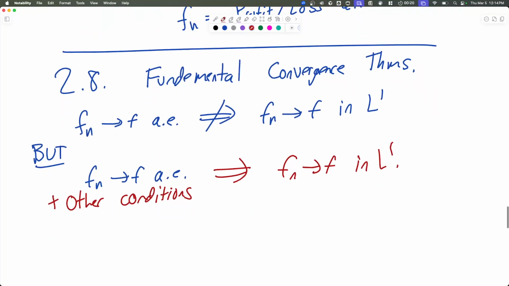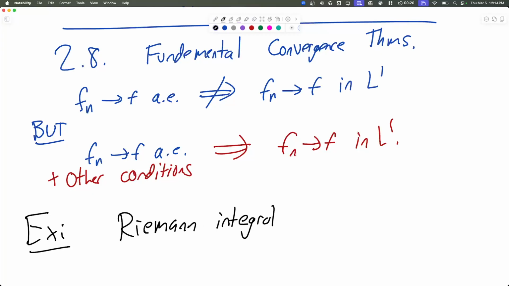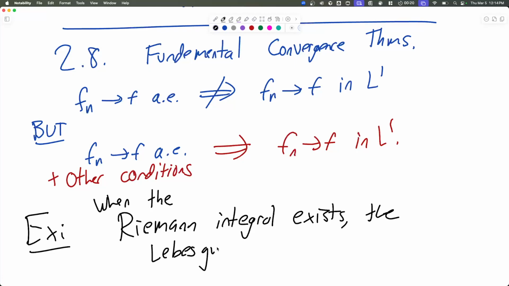One example application is that we're going to prove that when the Riemann integral exists, the Lebesgue integral exists, and they are equal.